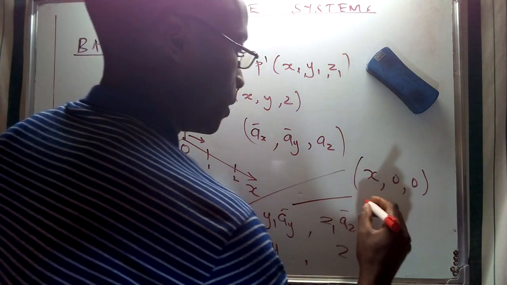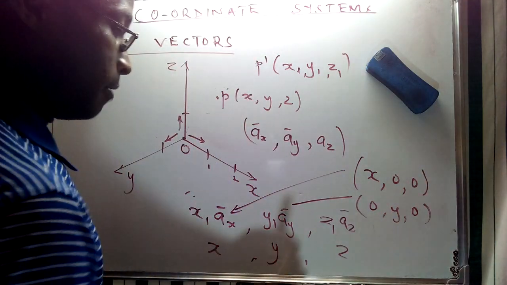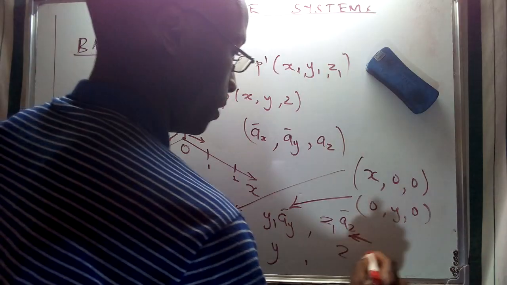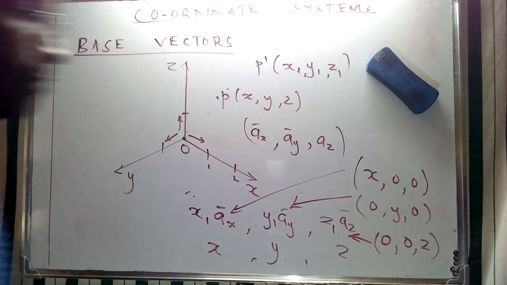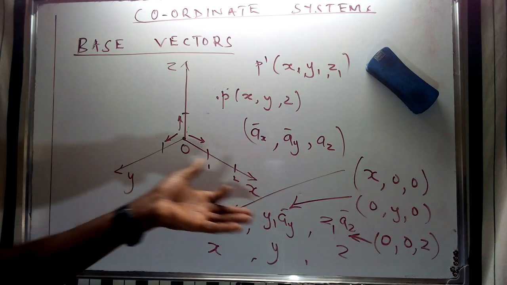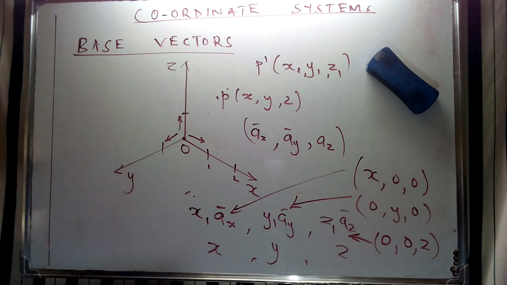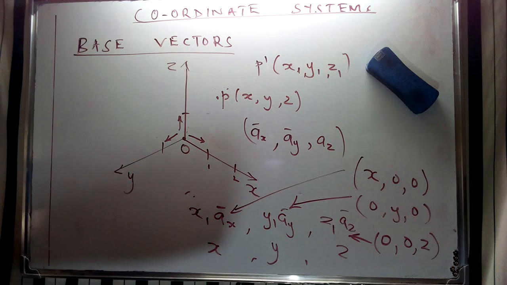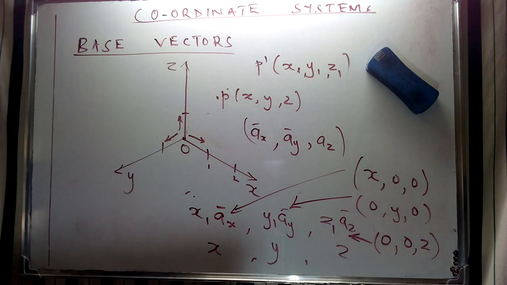For y, I can represent it as the coordinates for y, and then lastly for z, I can represent them as 0, y, z given as such. So this basically represents what we refer to as the base units, and we're going to see the various aspects in the three coordinate systems that we had mentioned, the spherical, cylindrical, and the rectangular coordinate system, which basically I've given an example on the board.